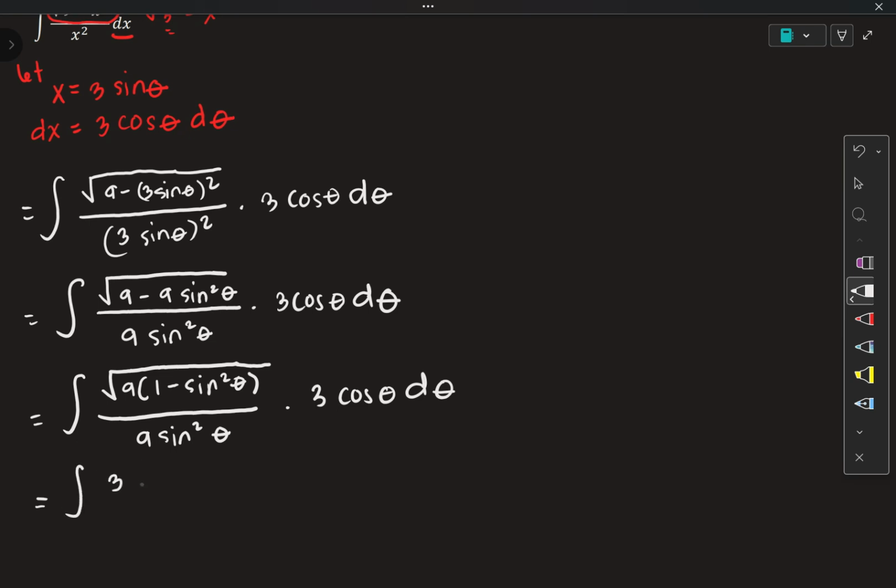So this would become 3 times the square root of 1 minus sine squared theta, divided by 9 sine squared theta, multiplied by 3 cosine theta d theta.